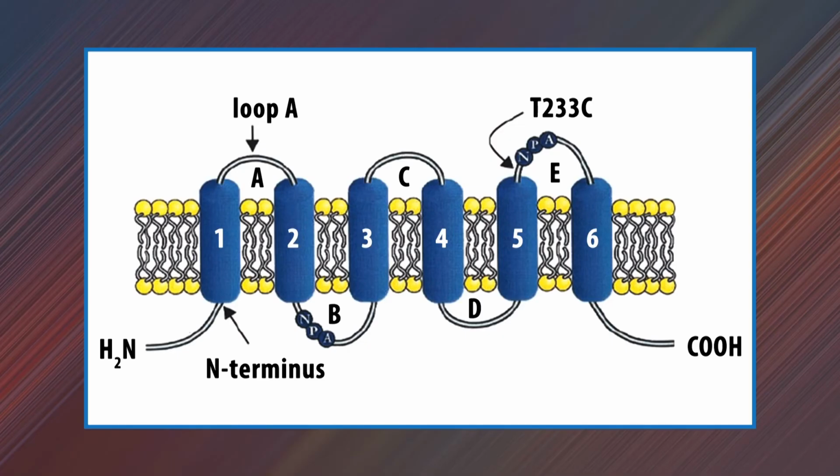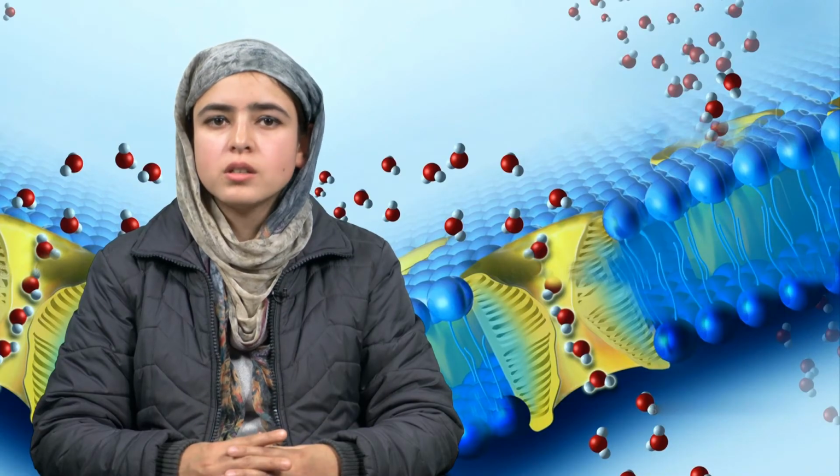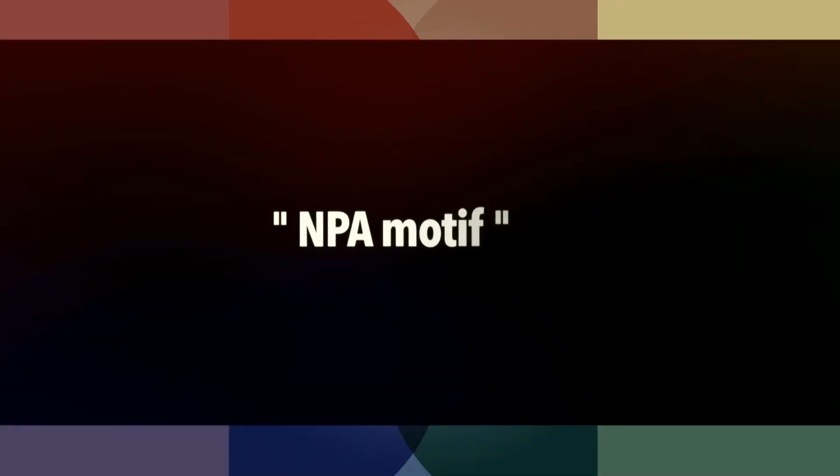Between the helices are 5 regions, from A to E, that loop into or out of the cell membrane. 2 of them, B and E, are hydrophobic, with an asparagine, proline, alanine, NPA motif pattern.